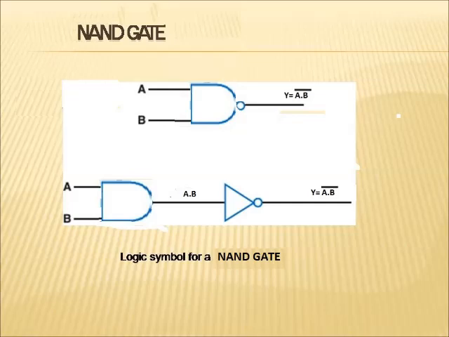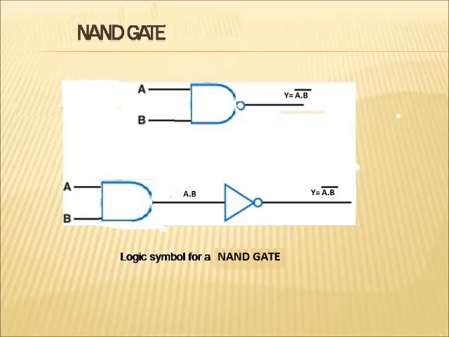In the first diagram, you can see it includes the AND gate and a bubble. That bubble is from the NOT gate. So you can clearly see that the NAND gate is a combination of NOT and AND gates.